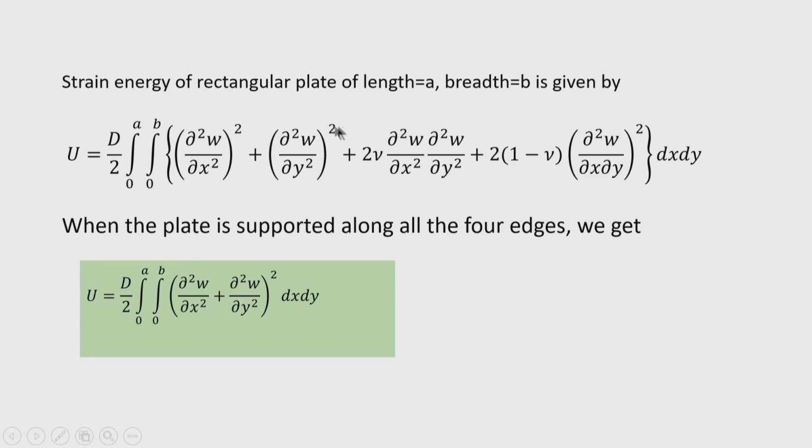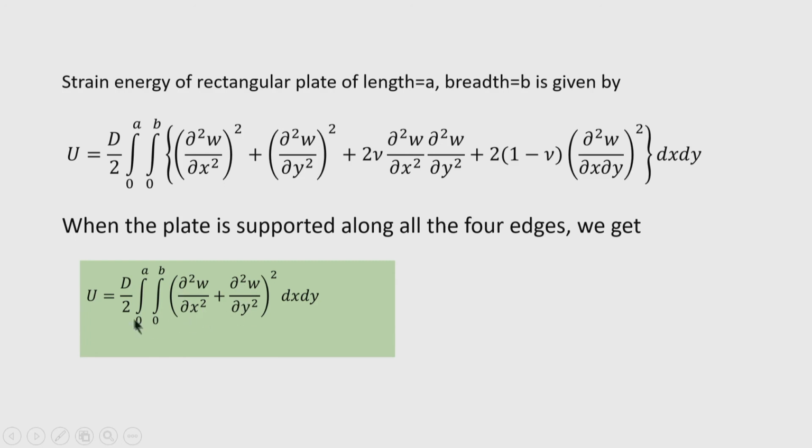So, that means the expression can be simplified in that case into a simple form: U equal to D by 2, integration 0 to a and integration 0 to b, Laplacian operator del square w, dx dy. The expression inside the bracket can be written as the Laplacian operator del square w, where del square is del square by del x square plus del square by del y square.